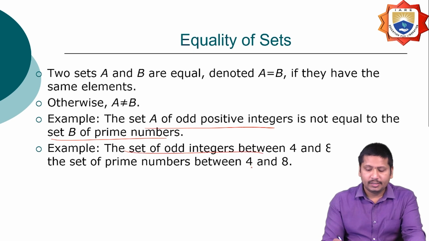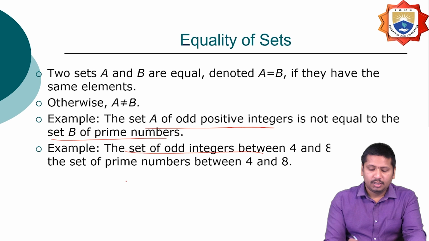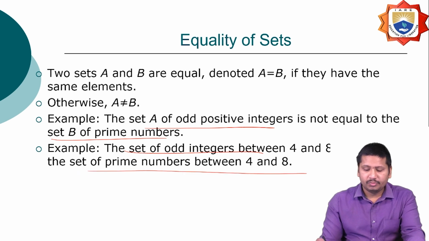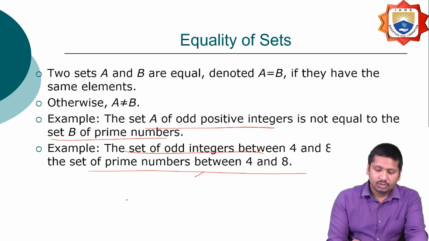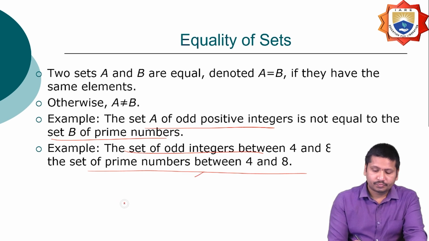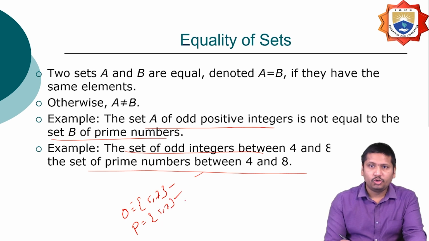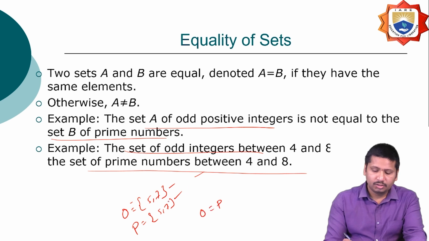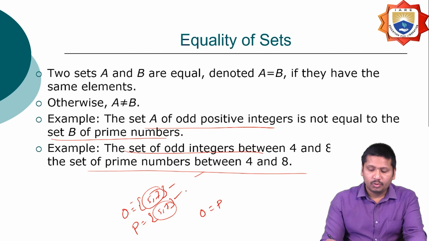Let's take the set of odd integers between 4 and 8, which is 5 and 7, and the set of prime numbers between 4 and 8, which is also 5 and 7. So both sets are equal since the elements in both sets are the same.